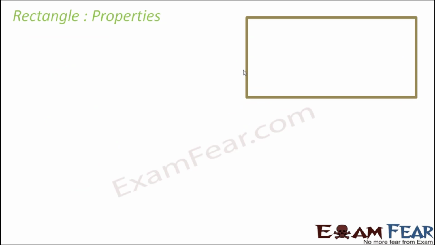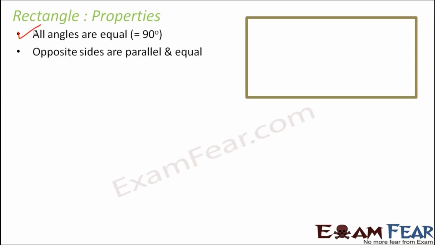So let us start with rectangle. Now let's look at the properties of a rectangle. The important properties are all angles are equal and each of them is equal to 90 degrees. Opposite sides are parallel and equal. If this is a rectangle ABCD, then opposite sides are equal, that is AB is equal to CD and AD is equal to BC.